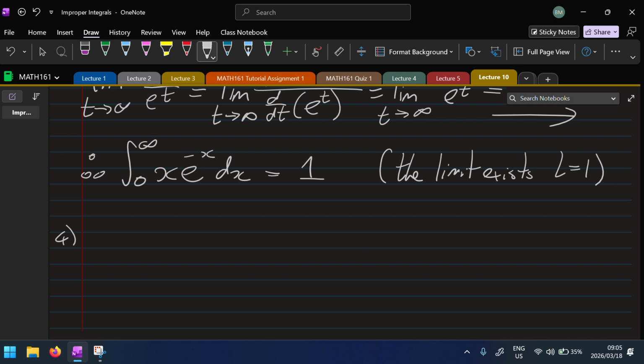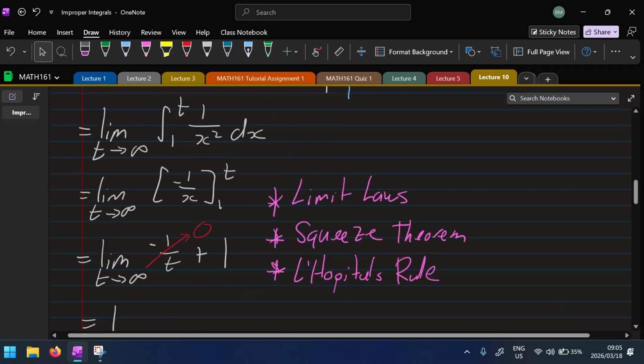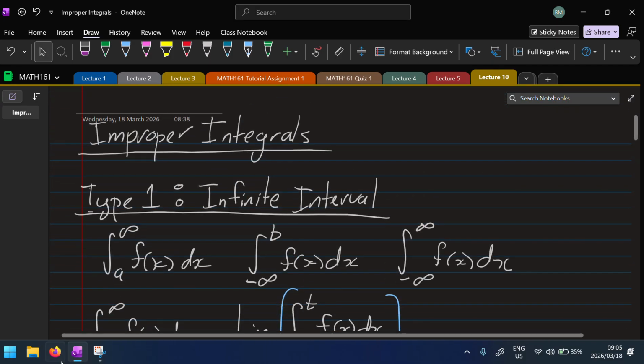Okay. Number 4, we have the integral from minus infinity to infinity of 1 over 1 plus x squared. Okay. So here, the top and the bottom are infinite. So in this case, what we're going to do is split this into two parts, where one of the parts is going to look like this, from a to infinity, and the other part is going to look like this, from minus infinity to b.